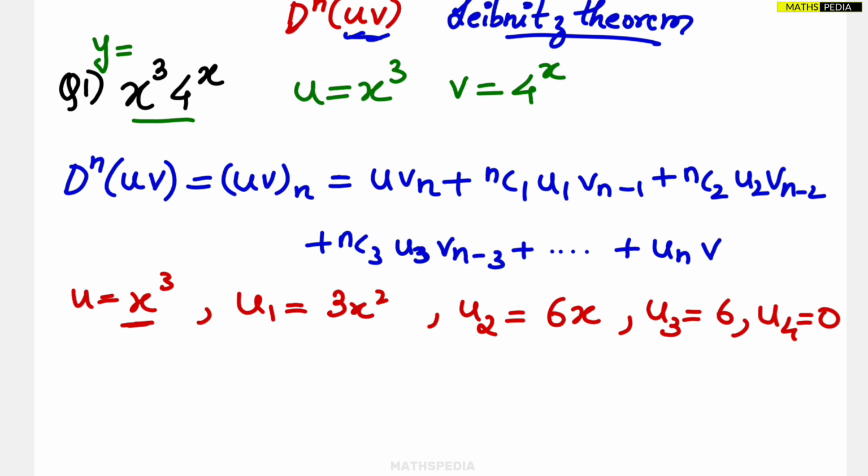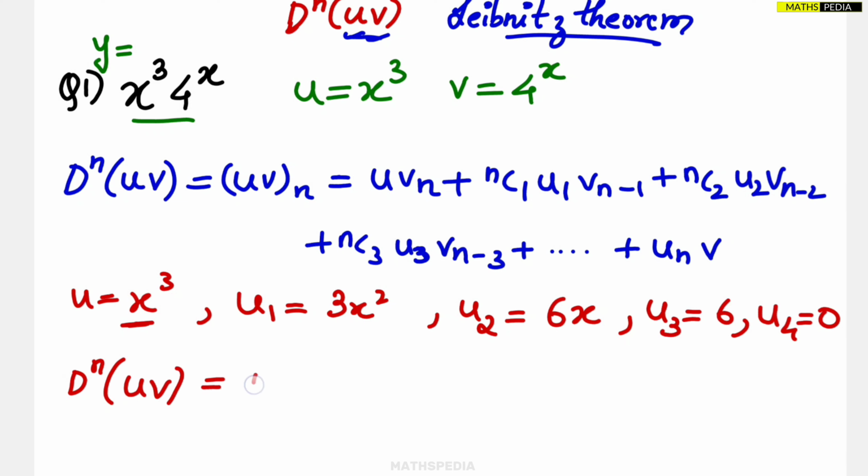So here the formula becomes the nth derivative of, we are finding x cube into 4 power x, right? So before writing that, we will consider uv only. First we will write the simple formula.